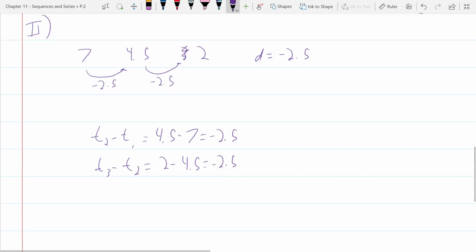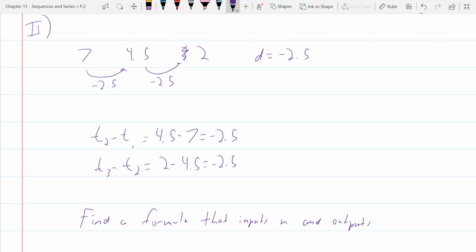Now, let's generalize. What we want to do is find a formula that inputs n and outputs t sub n.